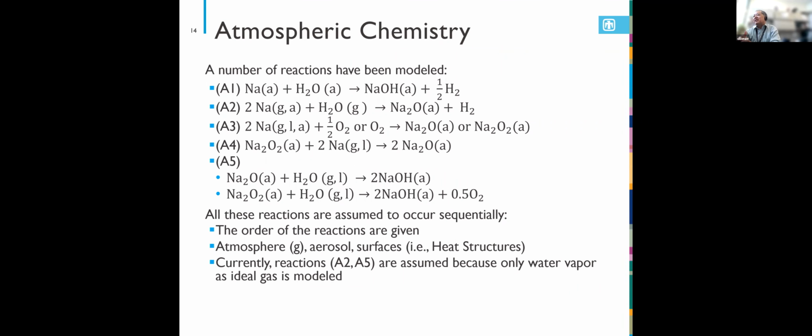Vice versa, if there's water condensate on the wall and sodium gas interacts with it, how do you do that? The atmospheric chemistry model will be there to look at, but without additional experiments we can't really check this model well. Likewise, for the aerosol interaction, maybe we need some experiments too.